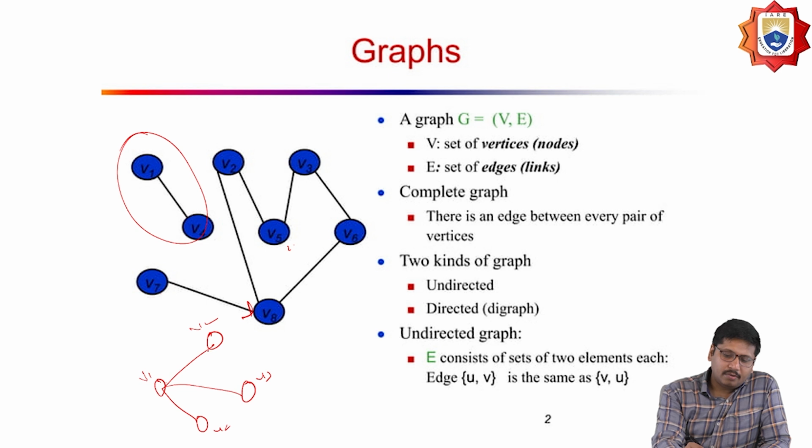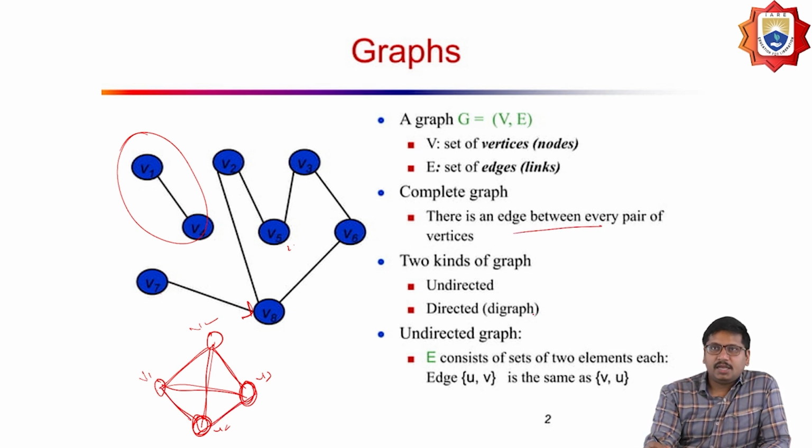Similarly, I have V2 to V1, V1 to V3, and V2 to V4. Similarly, I consider V3 to V1 and V4, and V4 to V1 and V3. If there is an edge between every pair of vertices, then I can say it is a complete graph.